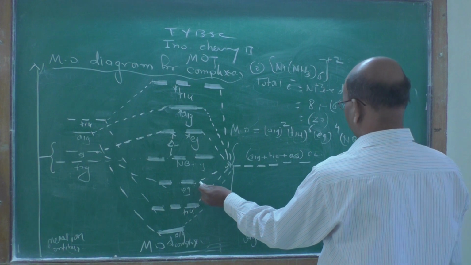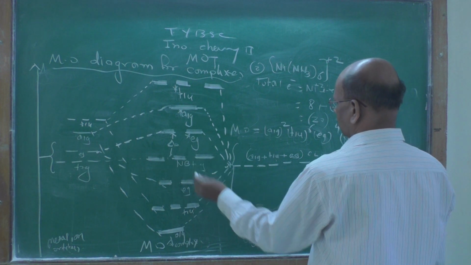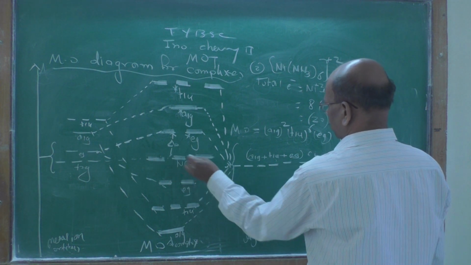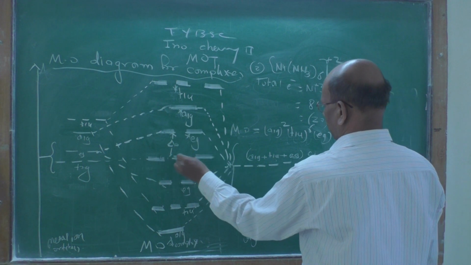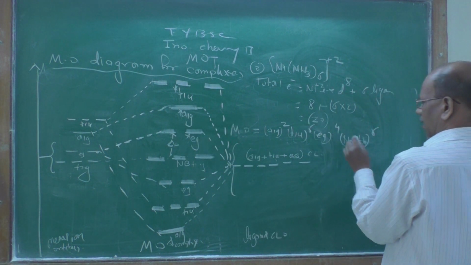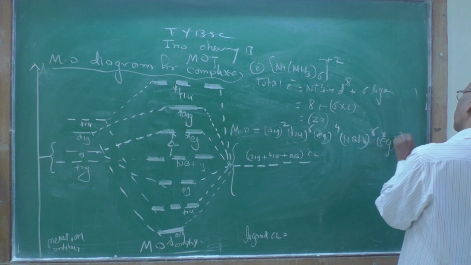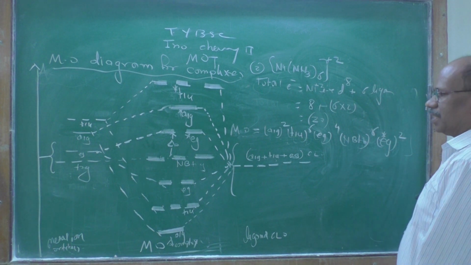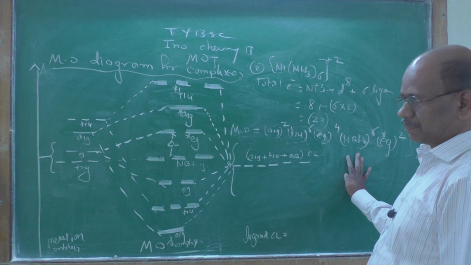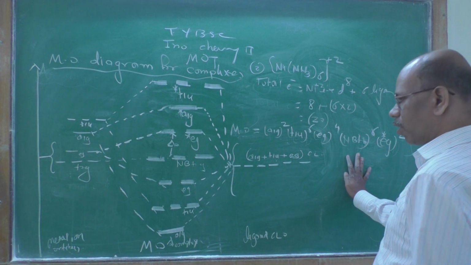These are 12 ligand electrons, and these contain 6 electrons, so 1, 2, 3, 4, 5, 6, 7, 8. And eg star contains 2 electrons. So this is the MO configuration.